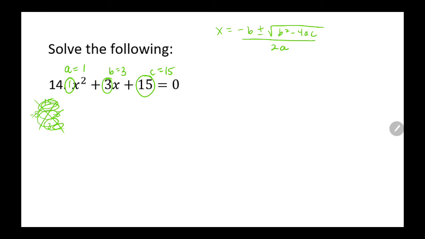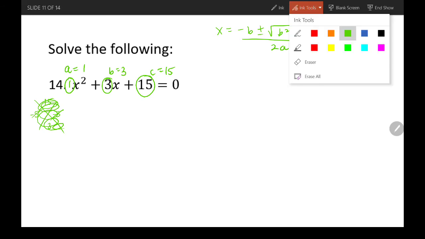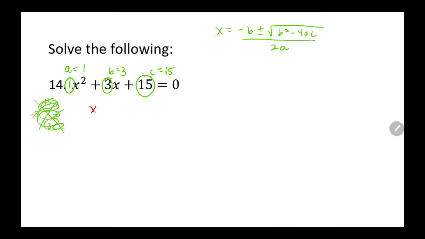So we are good to go. Let's plug in super carefully. x equals negative b plus or minus the square root of b squared minus 4 times 1 times 15. That's 4ac all over 2 times a.